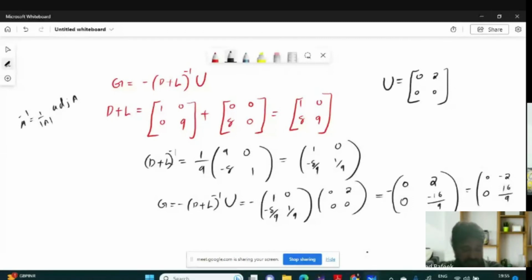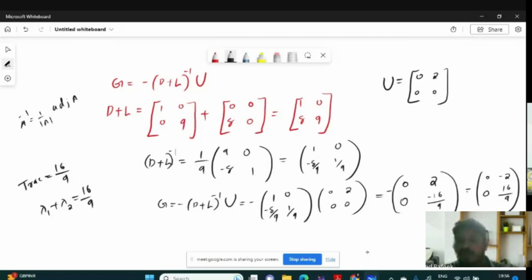Now you can find the eigenvalues using trace and determinant. The trace of this matrix is 16 by 9, so lambda 1 plus lambda 2 should be equal to 16 by 9.